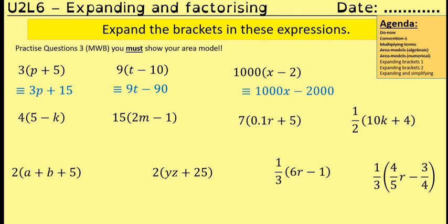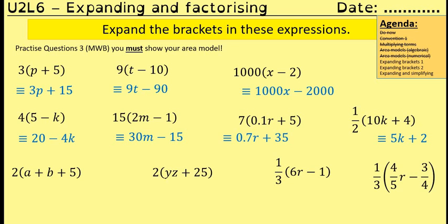In our next one, 1000x subtract 2000. In our next one, 20 take away 4k. Next is 30m subtract 15. Next is 0.7r plus 35. Next is 5k plus 2.